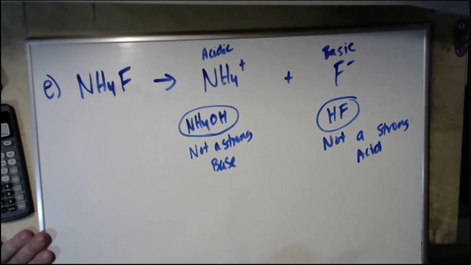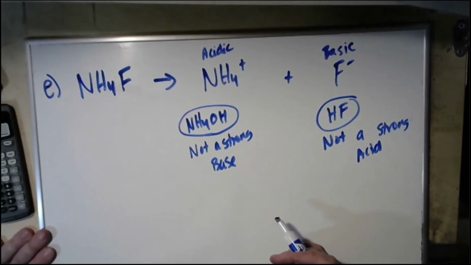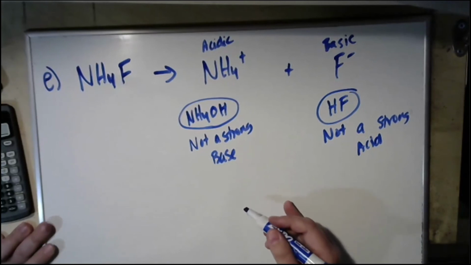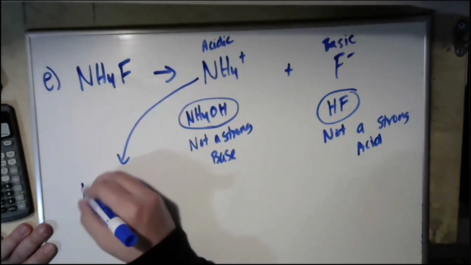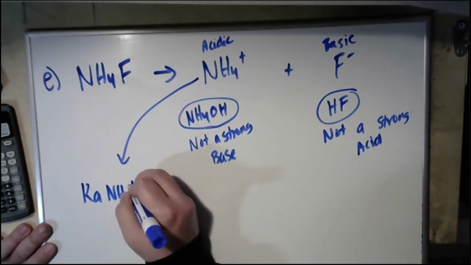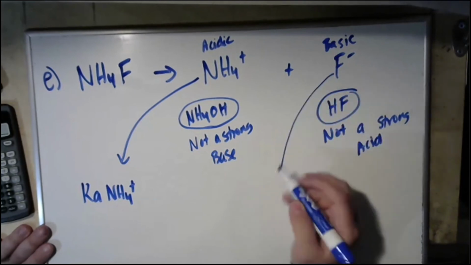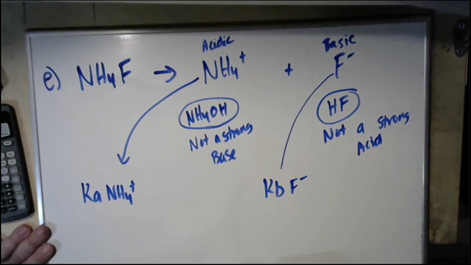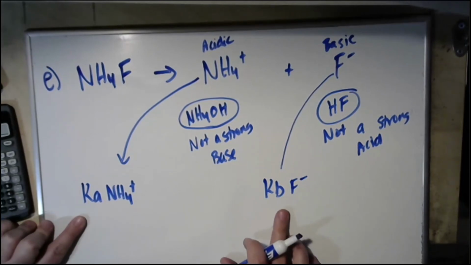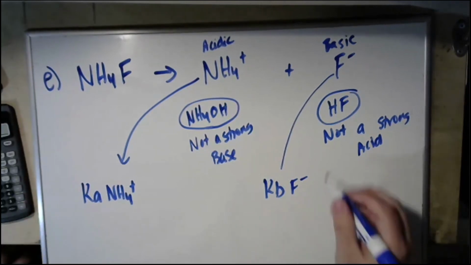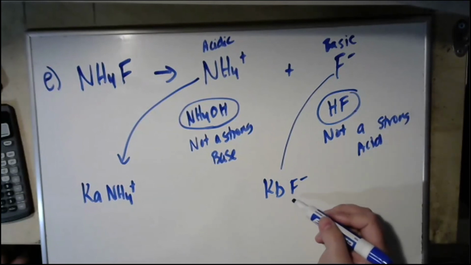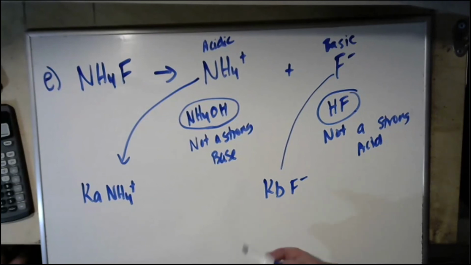Okay, so I'm going to have to compare the Ka and Kb values of these things to determine whether my overall solution is acidic or basic. I want to look up the Ka of ammonium, and you can look up this value in a table. And I want to look up the Kb of F minus. Or you can look up the Ka of hydrofluoric acid and then find the Kb of the fluoride ion from that, because Ka times Kb equals Kw.